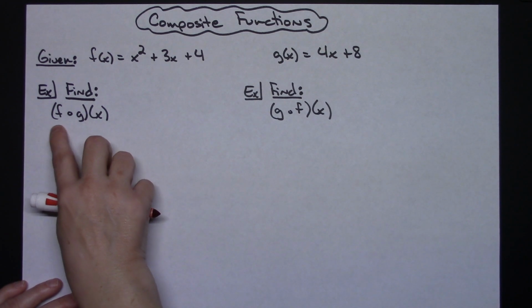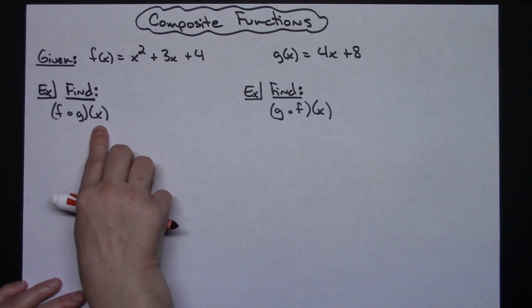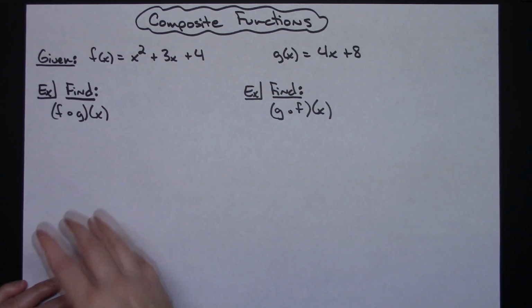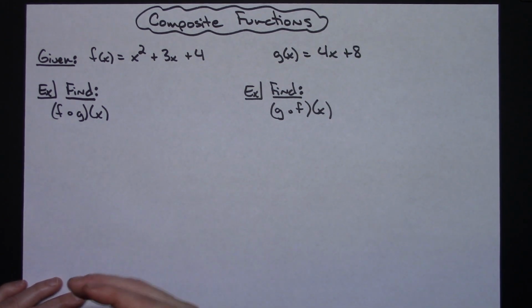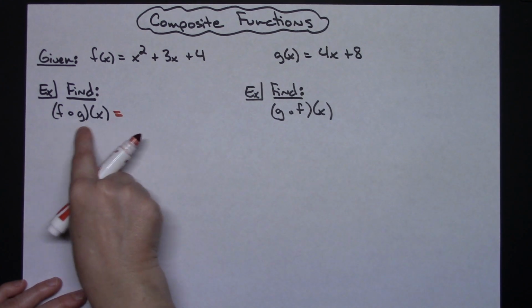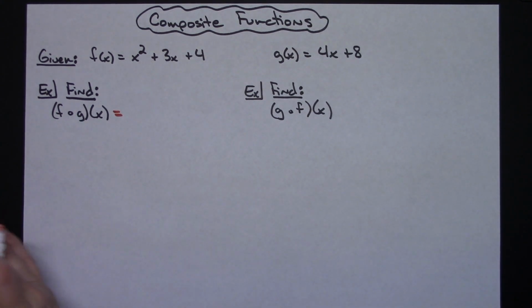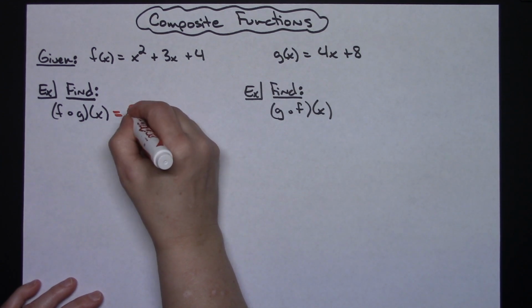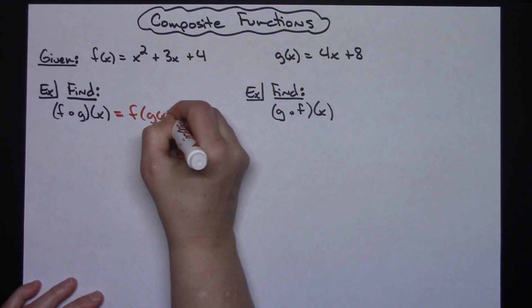You could be asked to find f composite g of x. Usually what I do on this is I have my students write it in a different notation that makes it a little easier to understand. When it's in composite notation like this, we can do it left to right, and I can have you rewrite it as f of g of x.